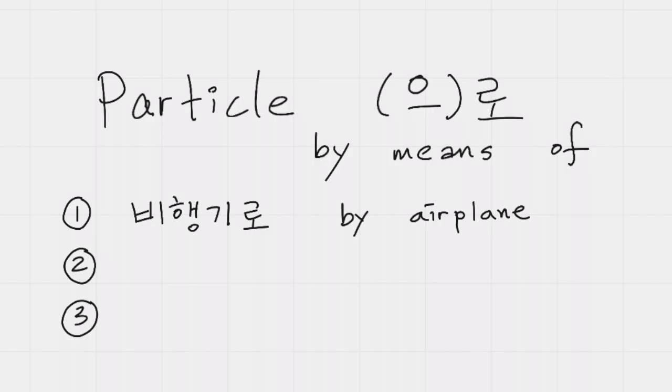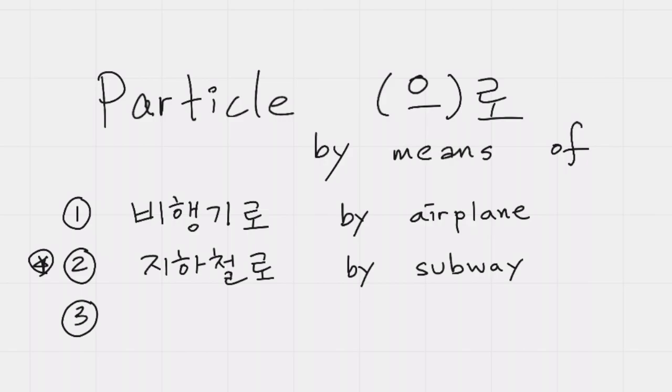So subway in Korean is 지하철. Okay, this is what you need to note. So 지하철 ends in a 리을 consonant. Any noun that ends in a 리을 final consonant, you will use 로. So this again means by subway.